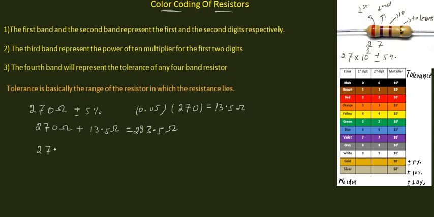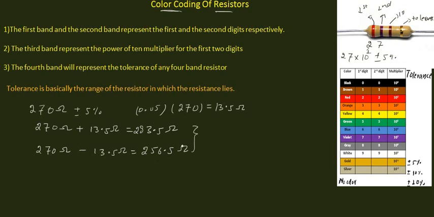So 270 ohms minus 13.5 ohms, we get 256.5 ohms. From this tolerance value, we mean that the 270 ohm resistor value lies between 256.5 ohms and 283.5 ohms. So the manufacturer guarantees that the value of this resistor lies between these two values.